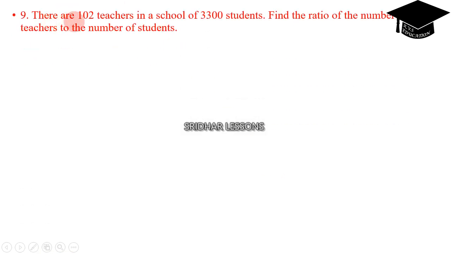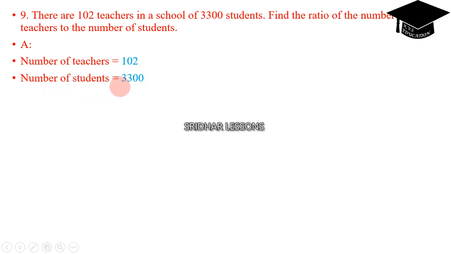Question number 9. There are 1 or 2 teachers in a school of 3,300 students. Find the ratio of the number of teachers to the number of students. Number of teachers is equal to 1 or 2 and number of students is equal to 3,300.